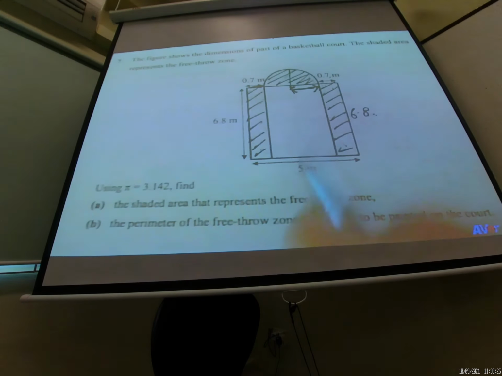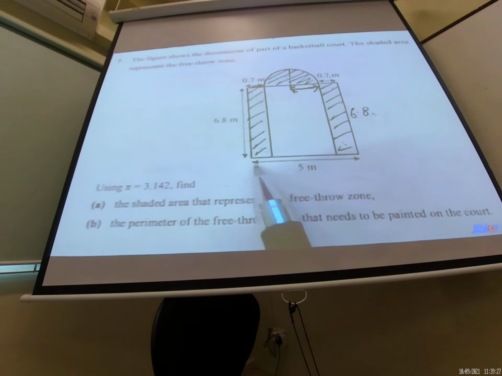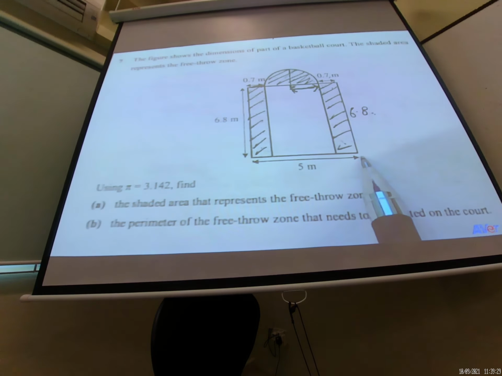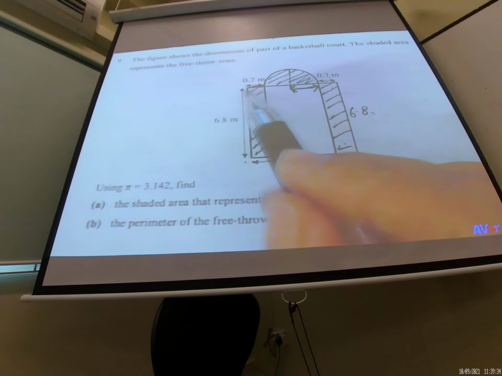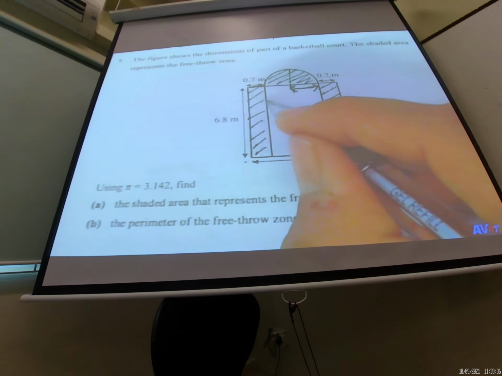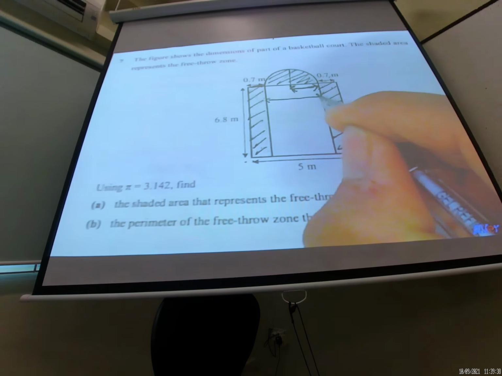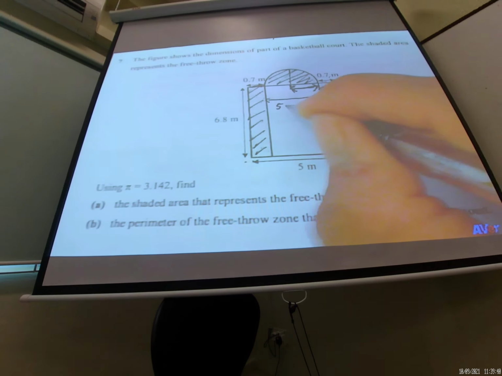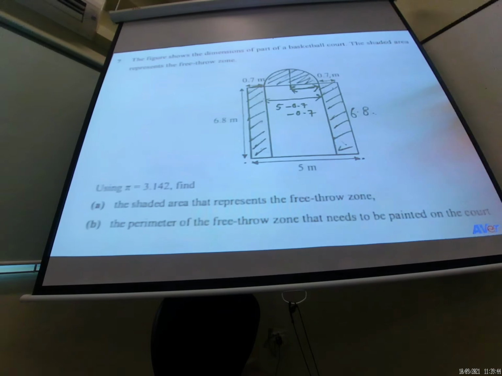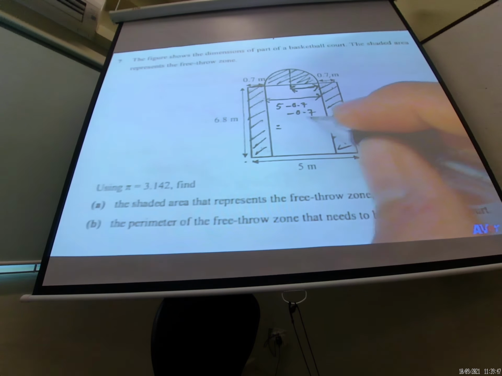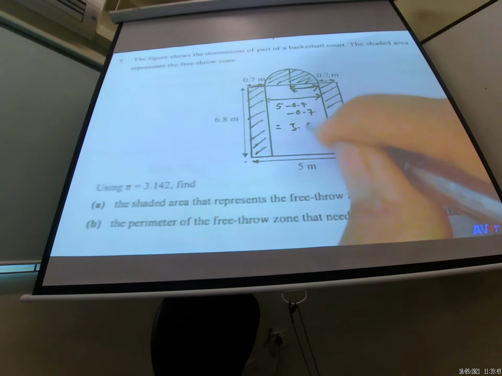We don't know, but we know that this entire length is 5. Okay, if this entire length is 5, here is 0.7, here is 0.7, means the diameter here is 5 minus 0.7 minus 0.7. Okay, equals 3.6.